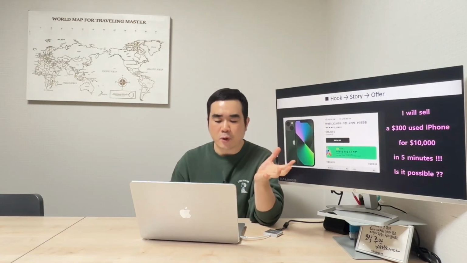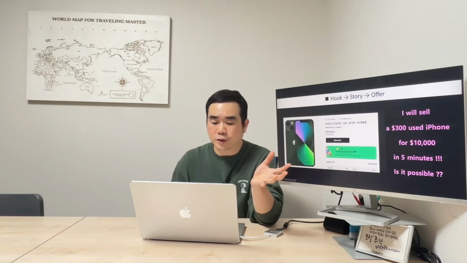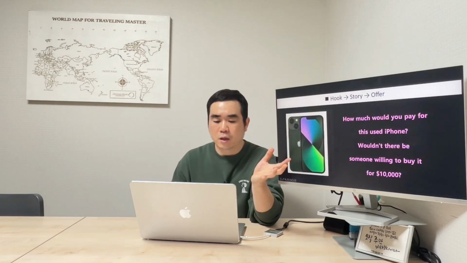At first, this used iPhone sold for 300 US dollars, but its value is over 10,000 US dollars. This is the mechanism of perceived value: hook, story, offer.